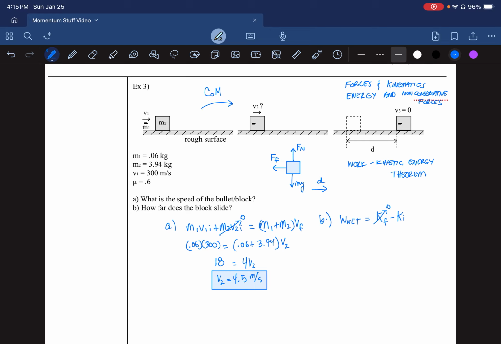So they're in opposite directions. We're going to use negative friction force times distance equals negative K initial. And we don't know the friction force, but we know that it's mu K Fn.